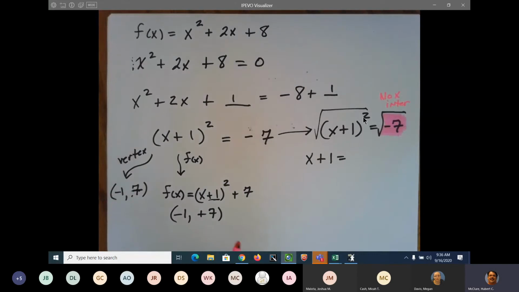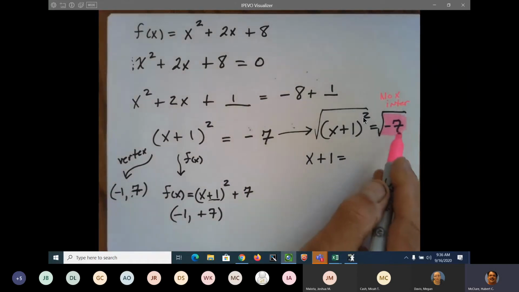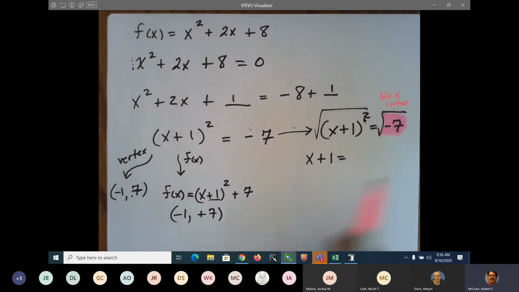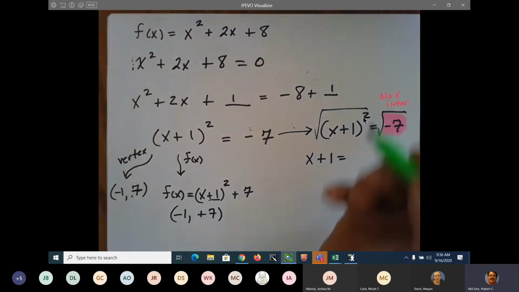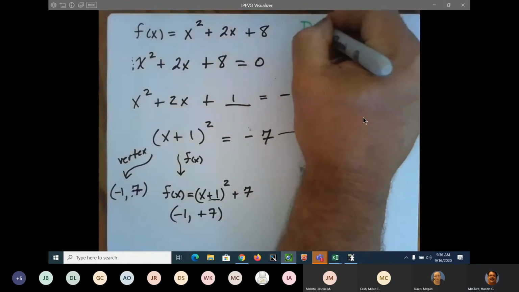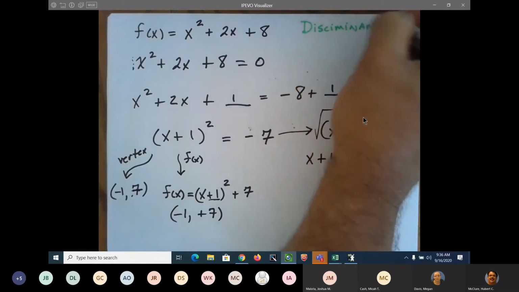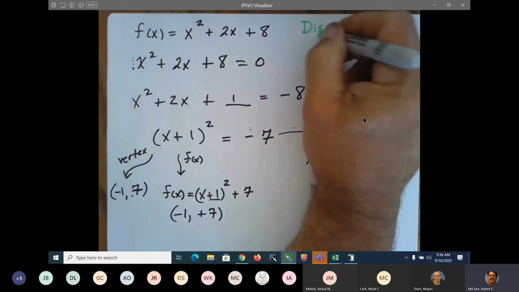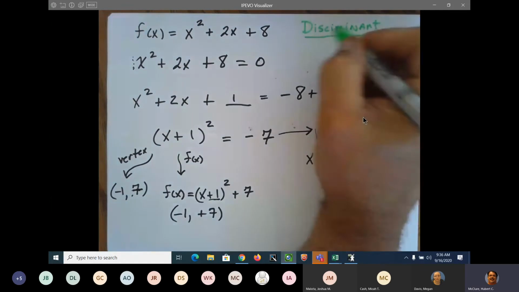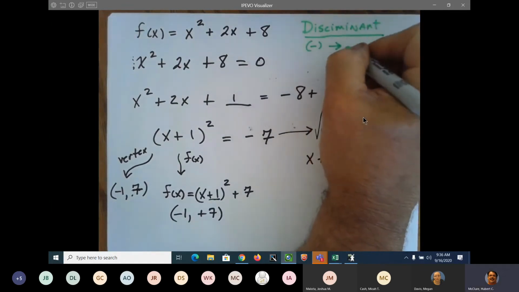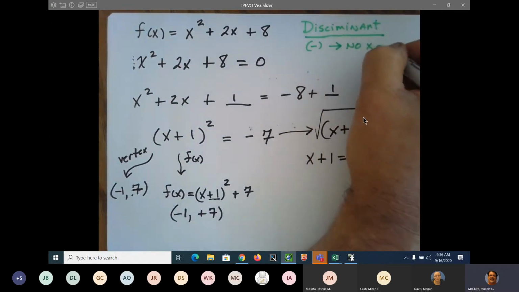Now, before, what was called the radicand, which is under the radical, is now called the discriminant because it tells us something else. The discriminant tells us if it's negative, you have no x-intercepts or no solutions.